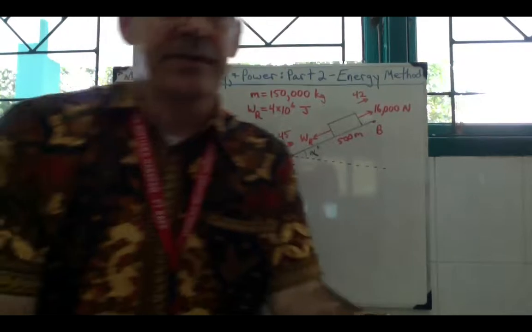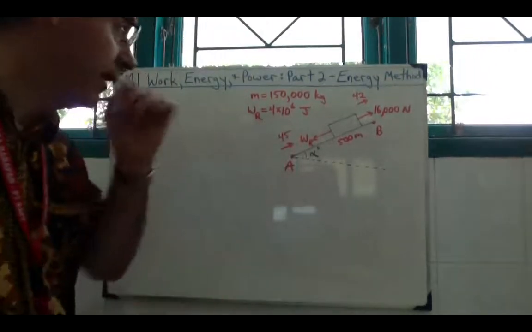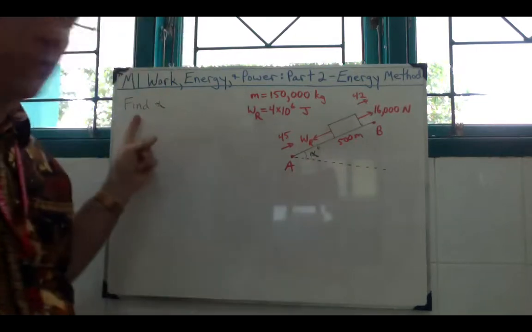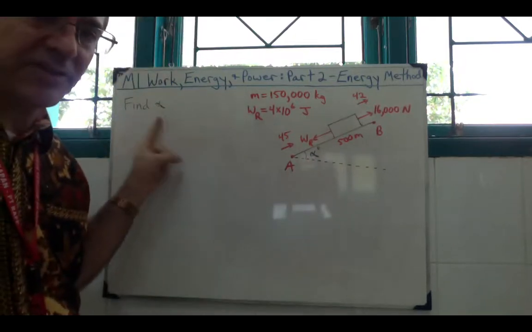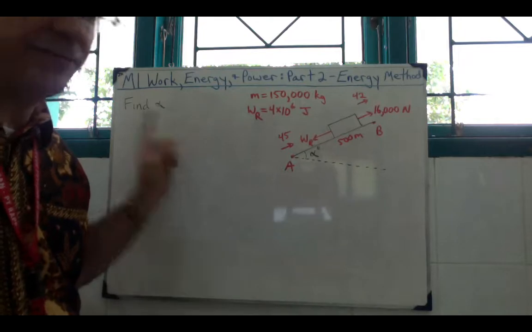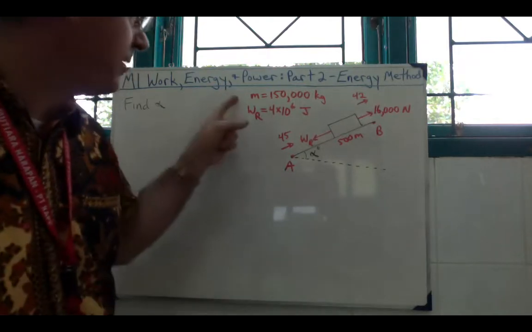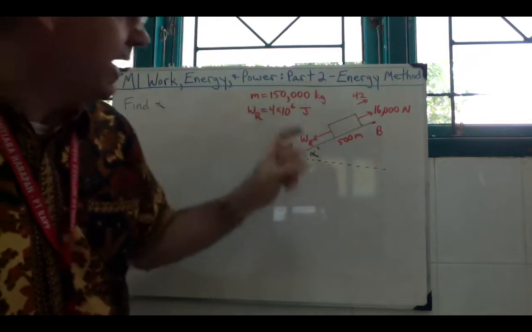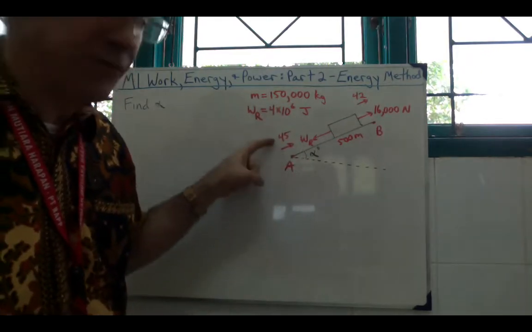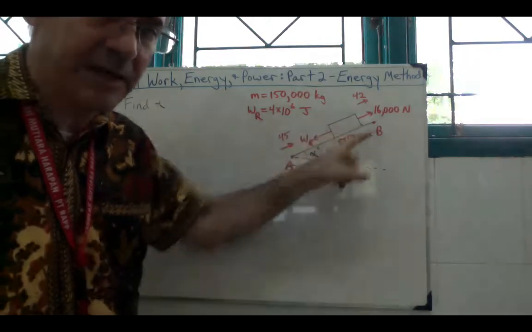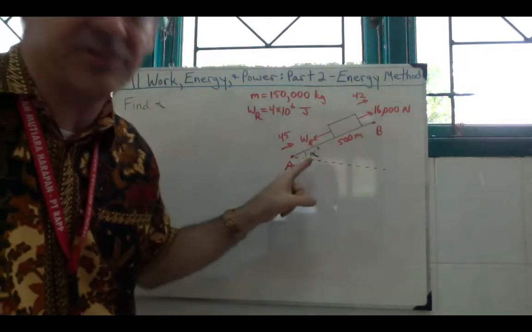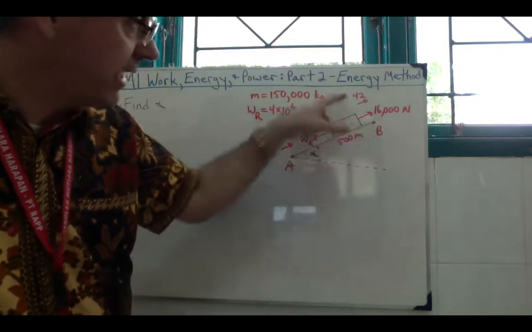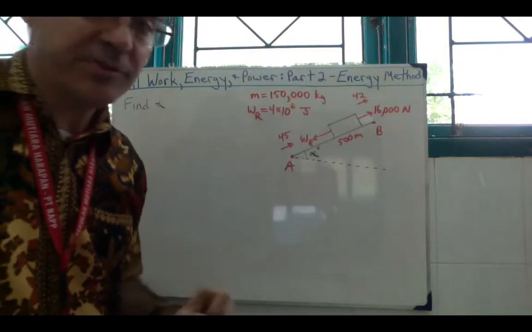So let's set up our diagram here. Here we have our train on an inclined slope of alpha, which is what our question is asking for. What is this inclined slope? Find alpha. And we have the mass of the train is 150,000 kilograms. We have the speed at A is 45 meters per second, and the speed at B, which is 500 meters down the train track, is 42 meters per second.